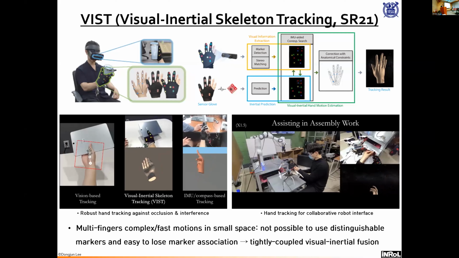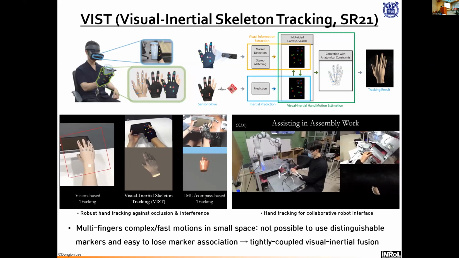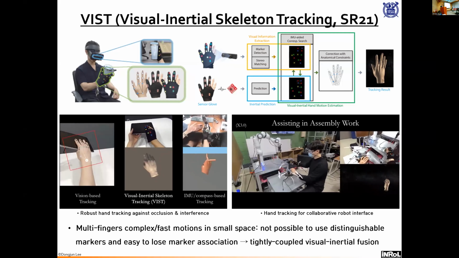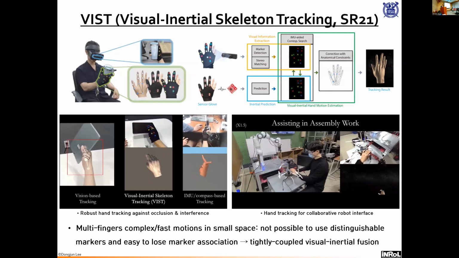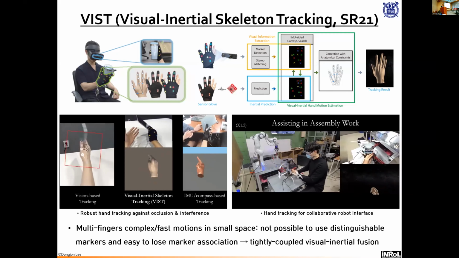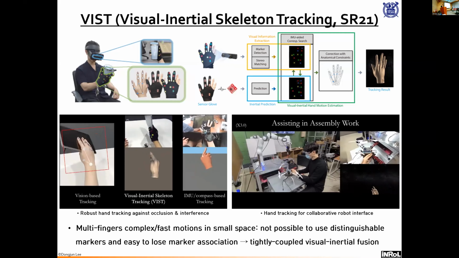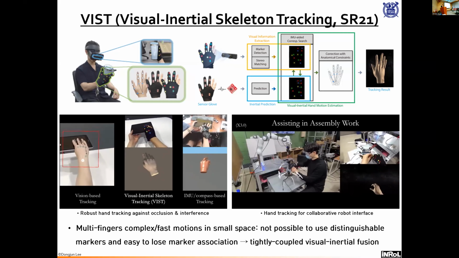So in order to solve this problem, we propose this VIST, visual inertial skeletal tracking. Our idea is that we use this marker to use vision information. However, vision information is weak and fundamentally limited when there is occlusion. So now you can see that it has this glove.